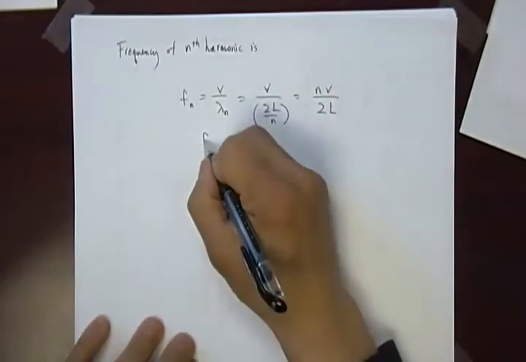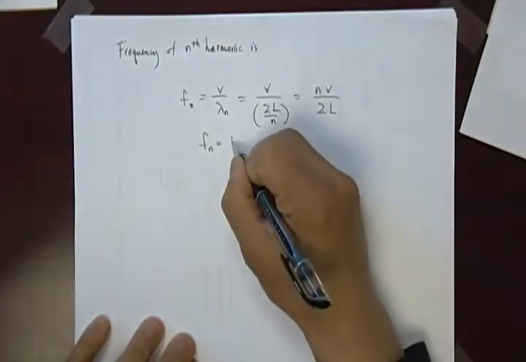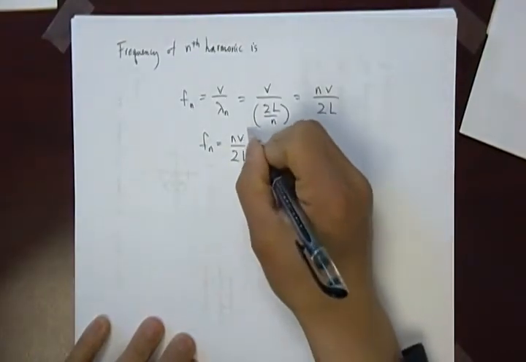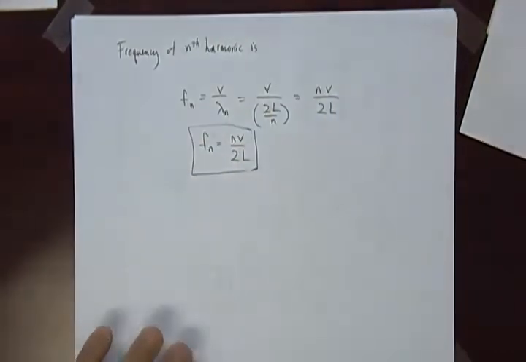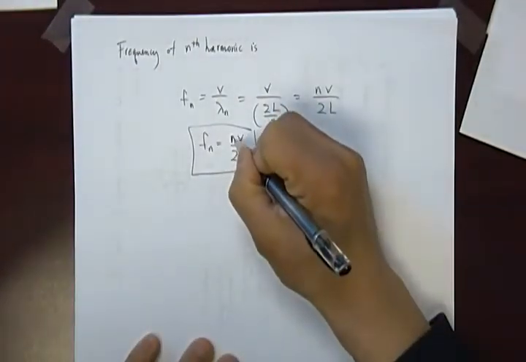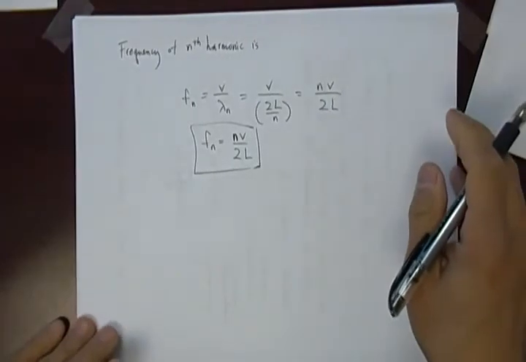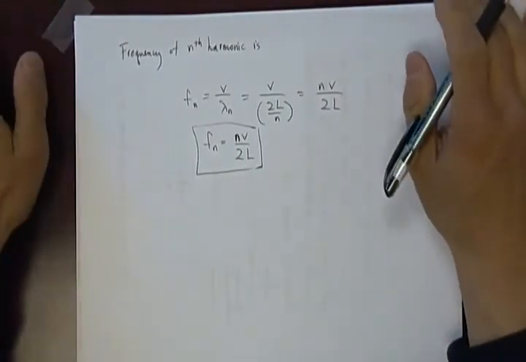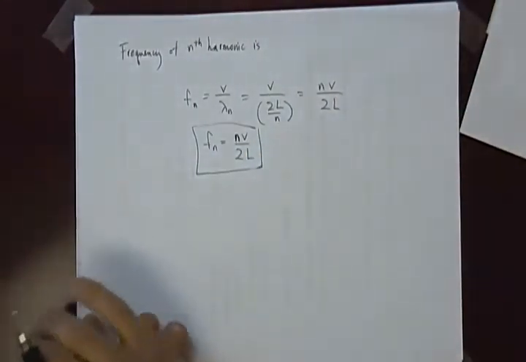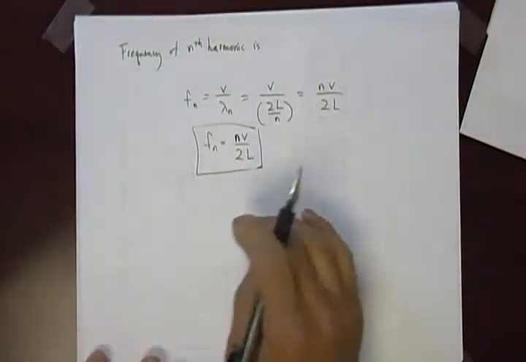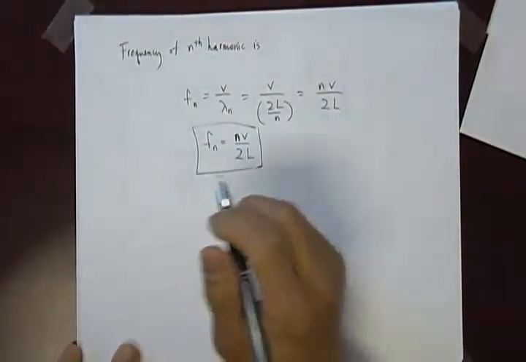So this is the formula for the frequency of the nth harmonic. As you increase n, the frequency increases proportional to n. Okay? Alright, if you have a question about these strings, please send me an email. I should be able to read it and answer quite quickly.